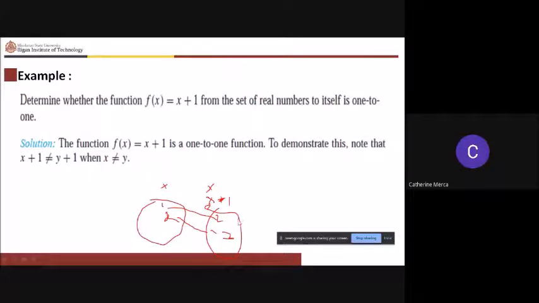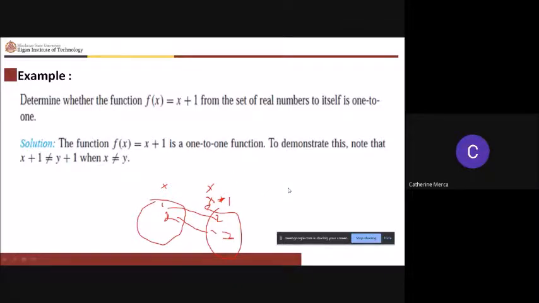Ang 0, pag 0 dire, what is 0? Kasi pres niya pag 0, 1. Kasi pre-image pag 0, ang pre-image niya kay negative 1. So, onto siya basta real number ang imuhang codomain. Depende sa imong codomain nga ibutang. So, onto siya kung equal ang imuhang codomain sa imuhang range.